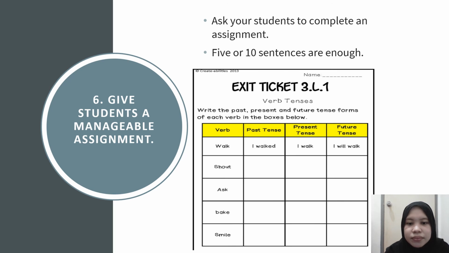For example, write the past, present, and future tense form of each verb in the boxes below. For example, shout, past tense, shouted, you can add ed. Present tense, I shout, and future tense, I will shout. Here you will know if they know the past, present, or future tense.